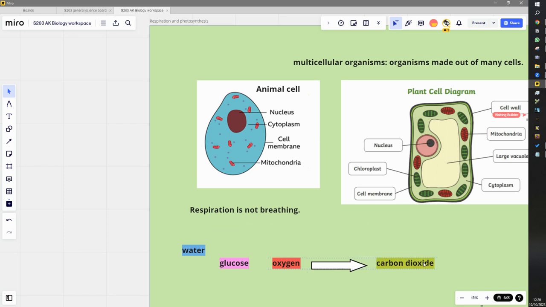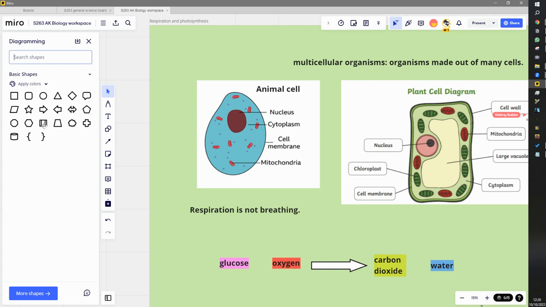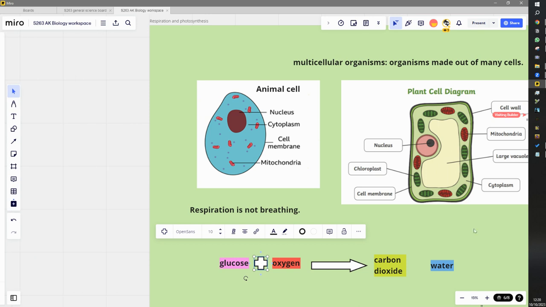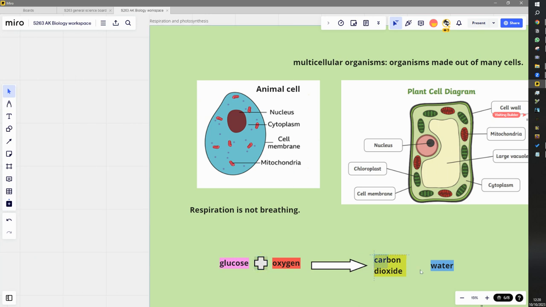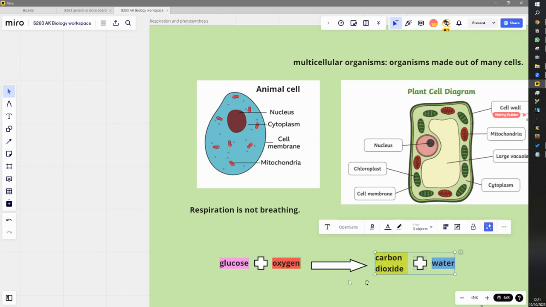So the carbon dioxide is being produced, and water is being produced. So let's get some plus symbols. There we go. It's a weird looking plus symbol, but it'll do. So this is really what respiration is, I suppose.